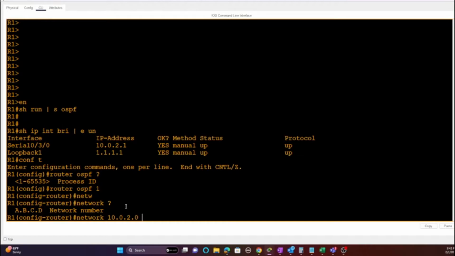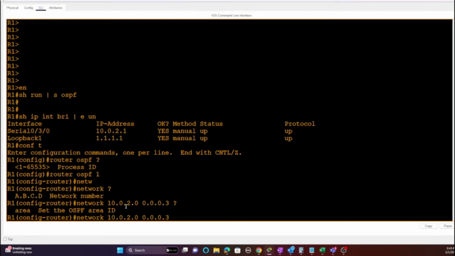So again, wildcard mask, that's just another story for another video. I could show y'all how to easily convert a subnet mask into a wildcard mask. It's just taking 255 minus the subnet mask, and that's how you get the wildcard mask. But this is going to be .3. That's how I got the wildcard mask right there.